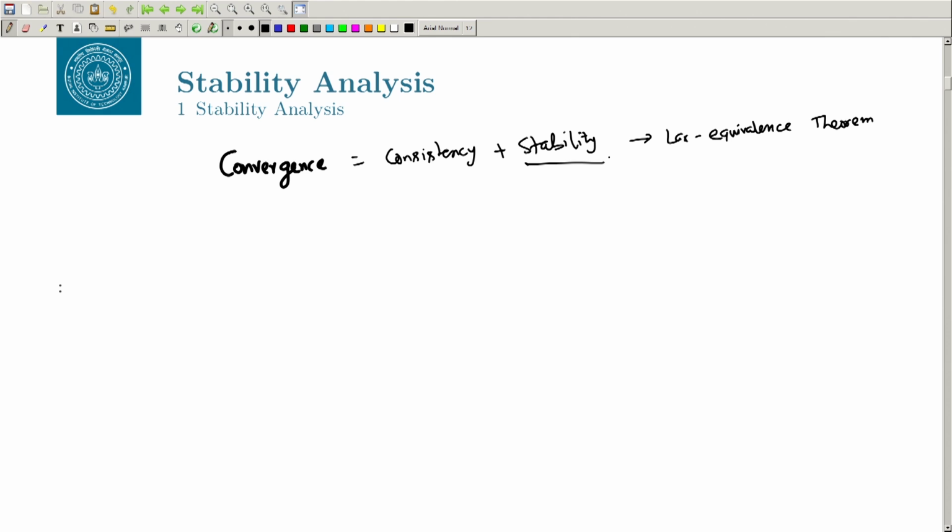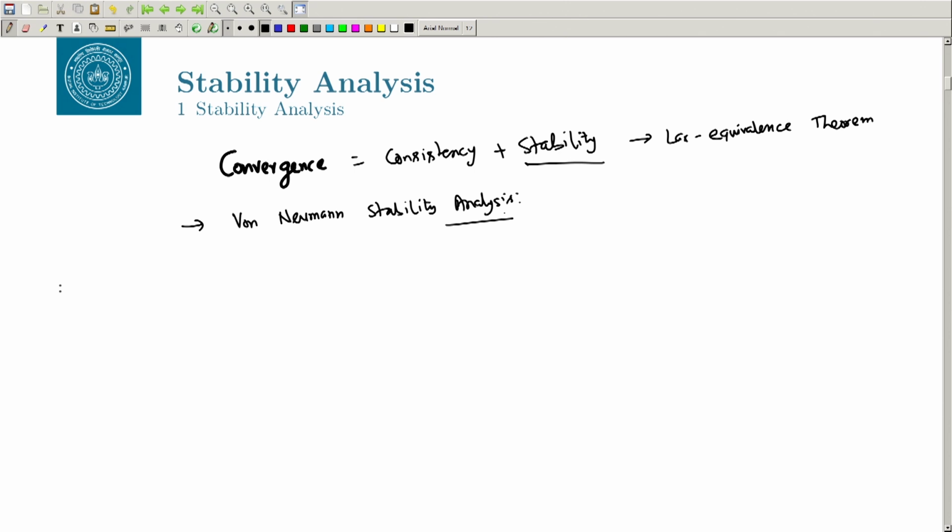There are several approaches to analyze the schemes for stability. We will discuss something called von Neumann stability analysis. This is one of the earliest and most common stability analyses, and it was proposed by von Neumann, who is also the father of computing.